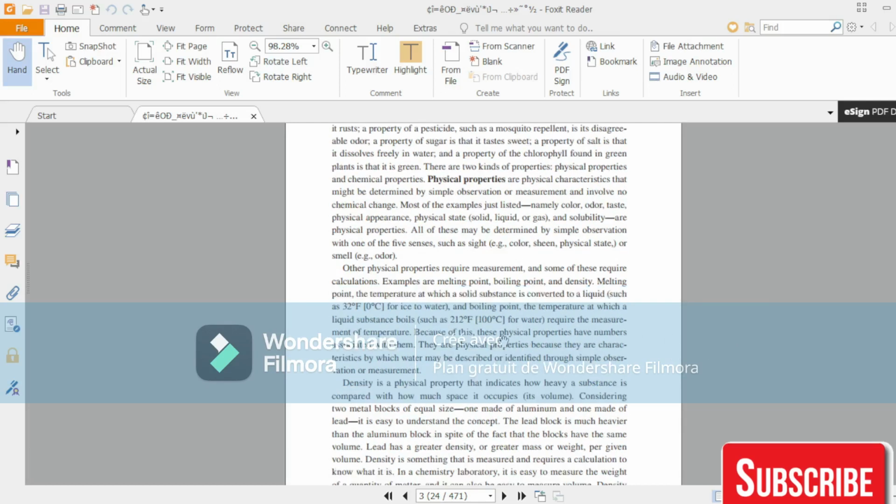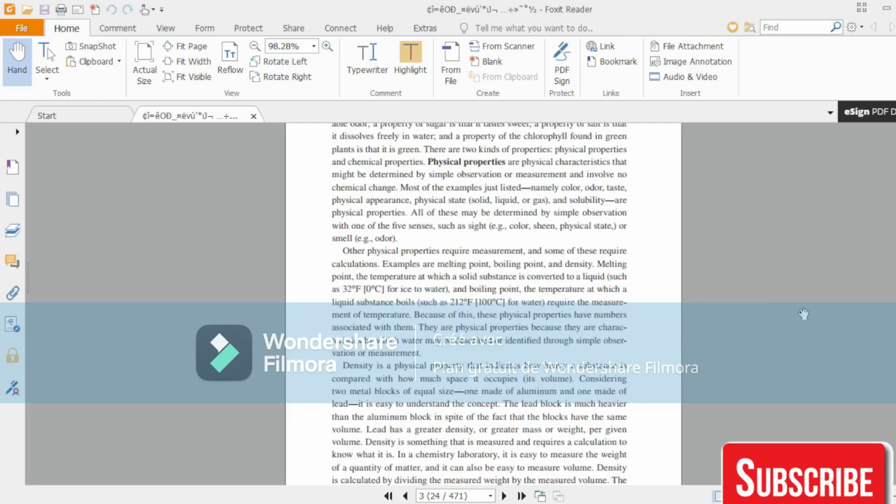Density is a physical property that indicates how heavy a substance is compared with how much space it occupies, so its volume. Considering two metal blocks of equal size, one made of aluminium and one made of lead, it is easy to understand the concept.